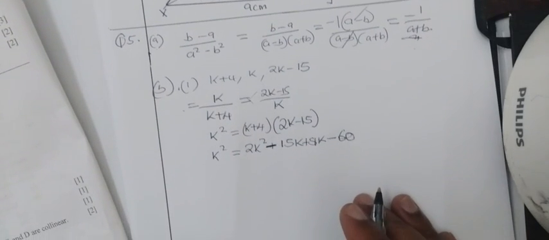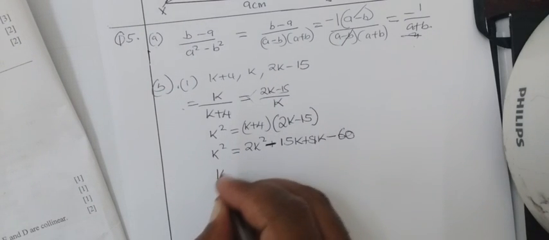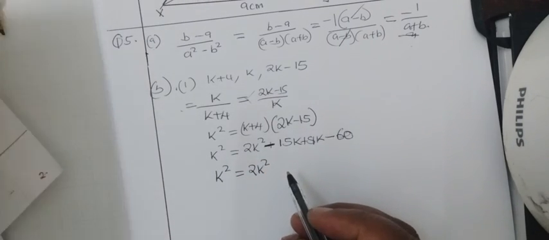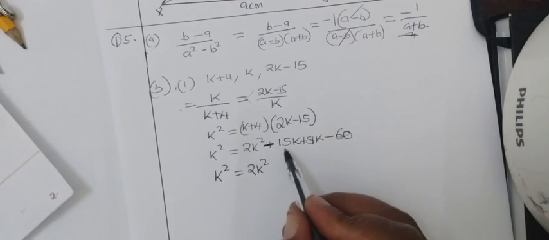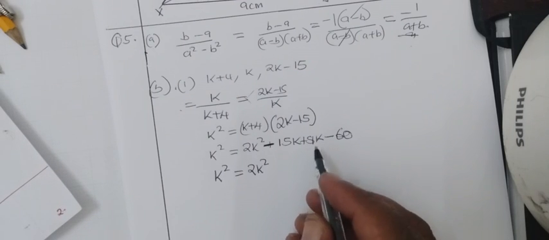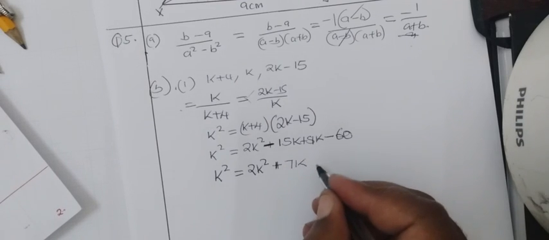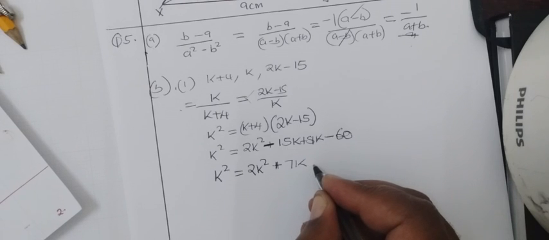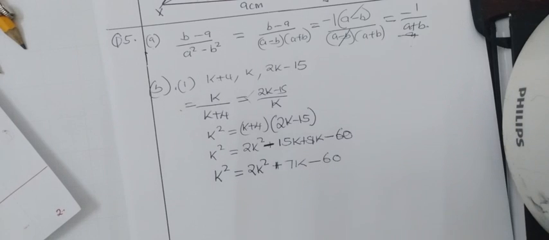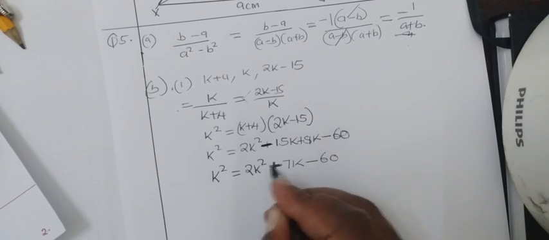Okay? So now you can group the like terms. You say k squared is equal to 2k squared. Then what is the minus 15k plus 8k? You get minus 7k, so you have got minus 7k minus 60. Right? Please take note, this is minus and this is minus 7.